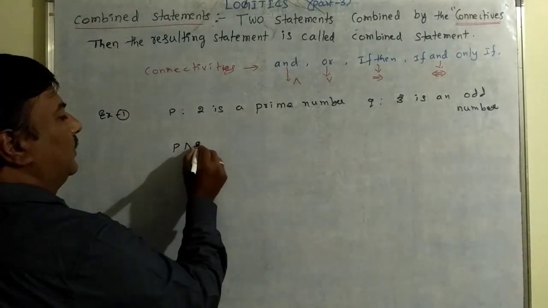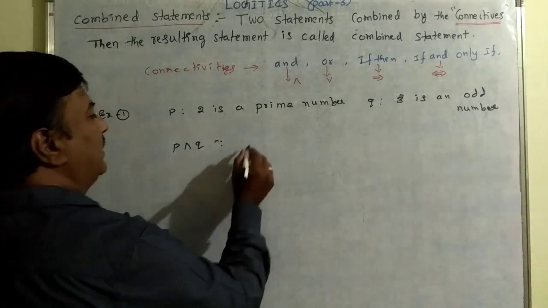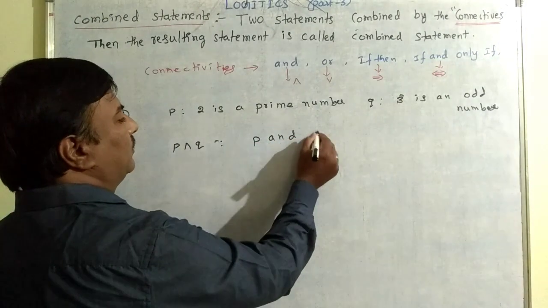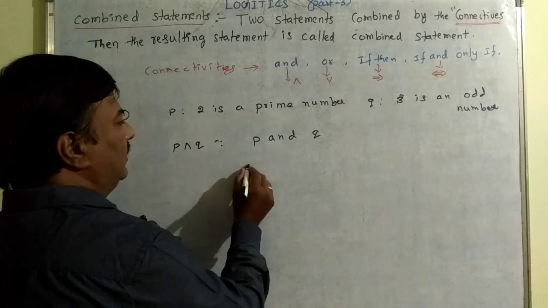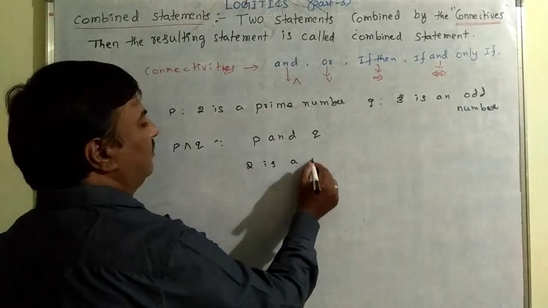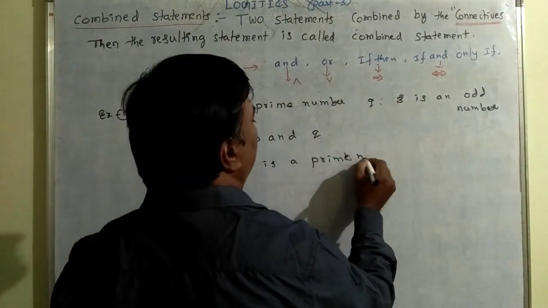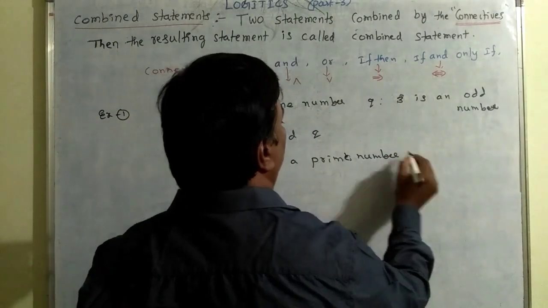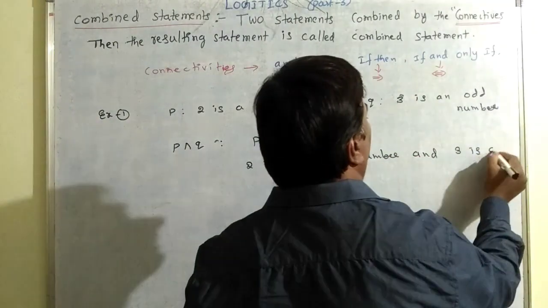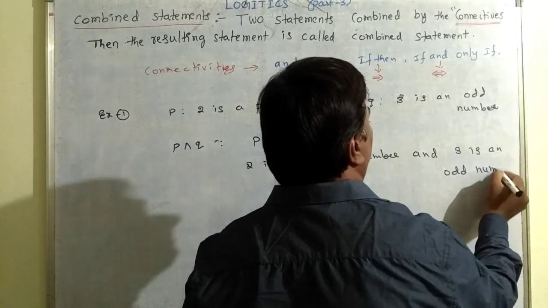P and Q, in wordings, we can write: P means 2 is a prime number, and Q means 3 is an odd number.